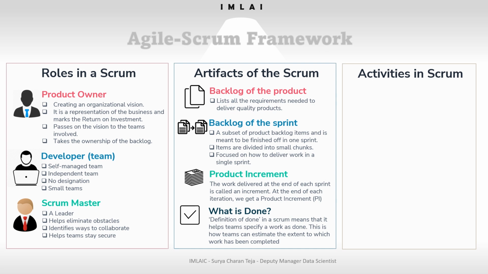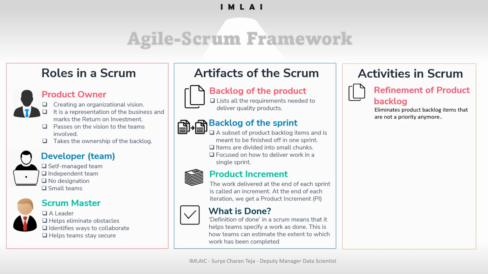I think most of you might have heard these words, sprint, daily scrum, sprint review, sprint retrospective, though you are not part of the IT team or you have never worked in it. But these are very famous words. If you open YouTube or go to Facebook, everywhere you'll find Scrum training within 10 days, 15 days. So these are the most famous words that you might have heard. So let's decode these words.